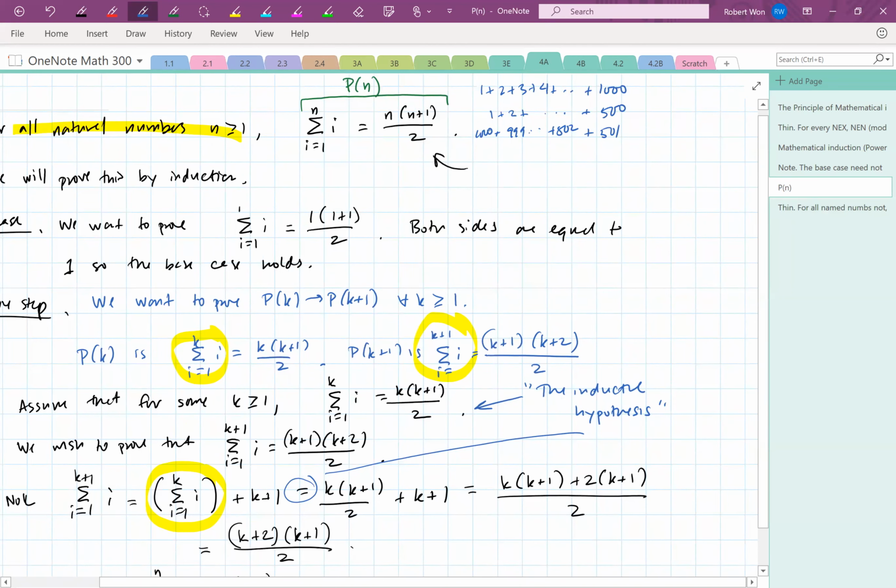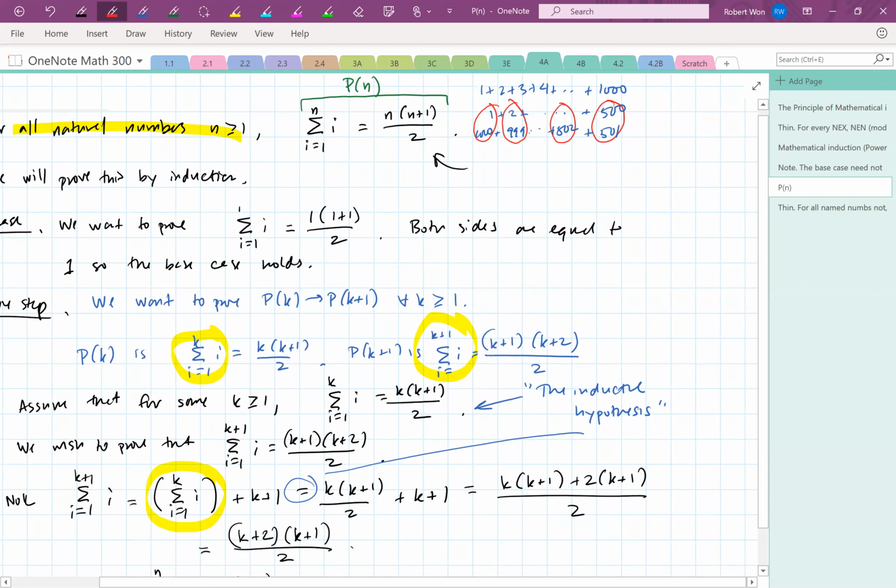Okay, so instead of adding up all the numbers from 1 to 1,000, you can add up all the numbers from 1 to 500 and then all the numbers from 501 to 1,000. Right, and what Gauss noticed is that these numbers sum up to 1,001. All these numbers sum up to 1,001.